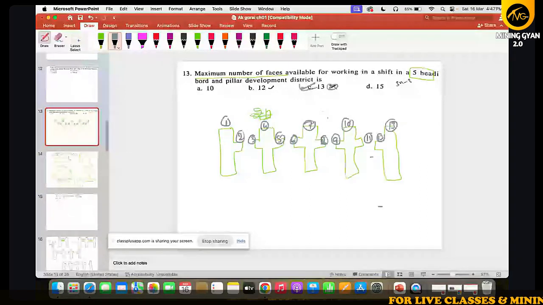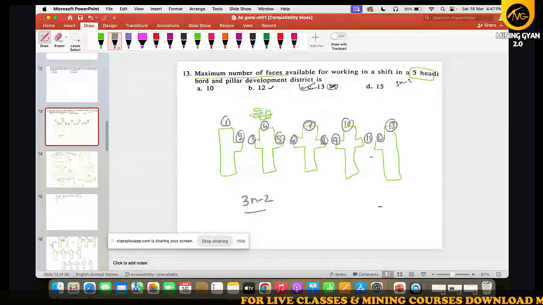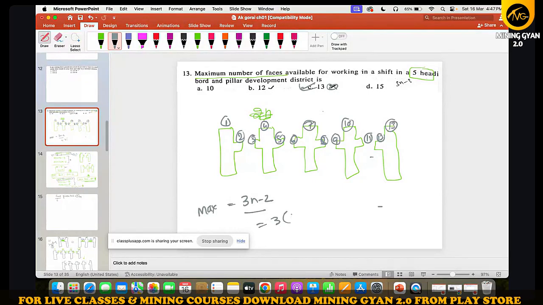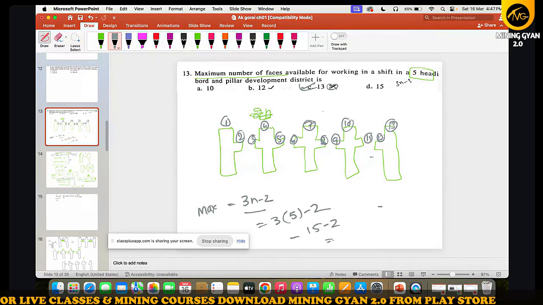Okay, otherwise you can use your formula 3n minus 2. So when we put the value of n as 5, 3 into 5 is 15 minus 2, you can find 13.